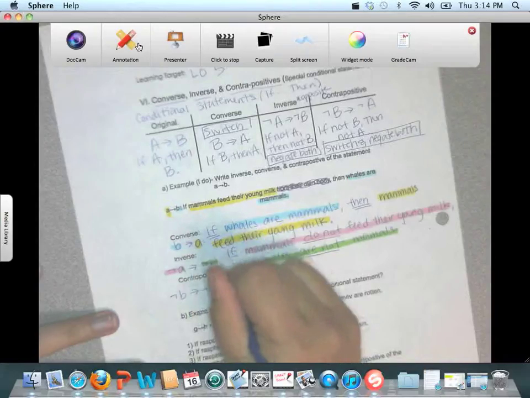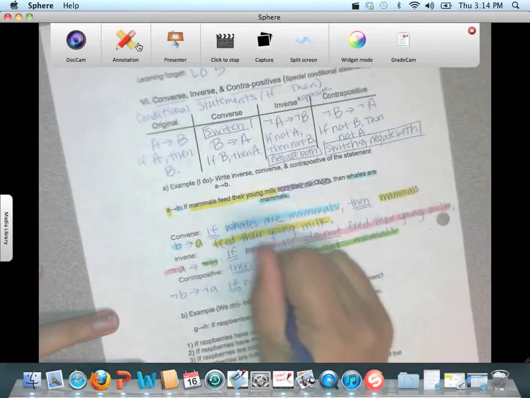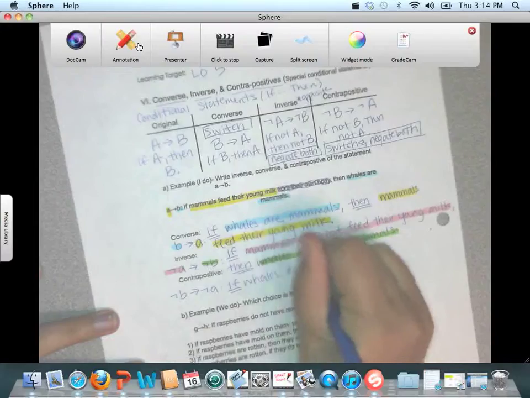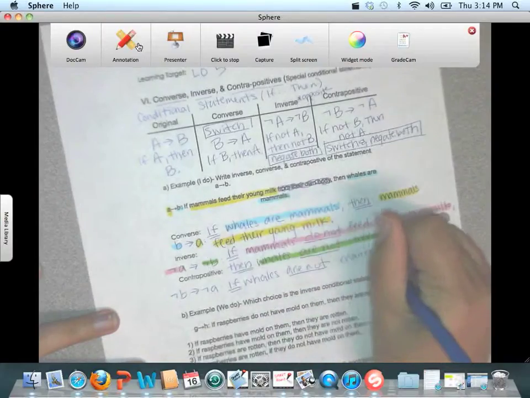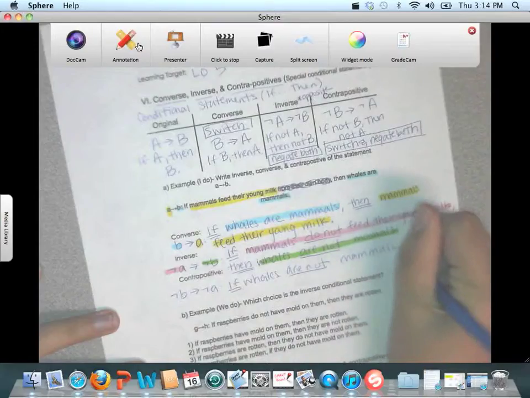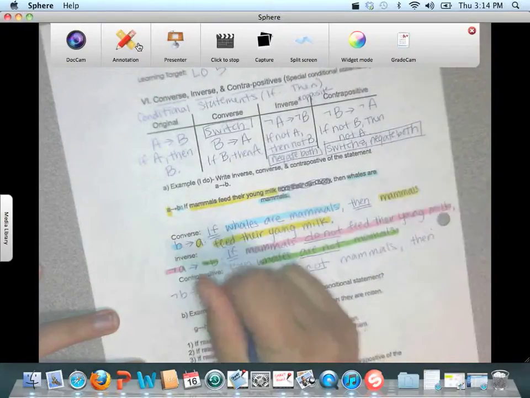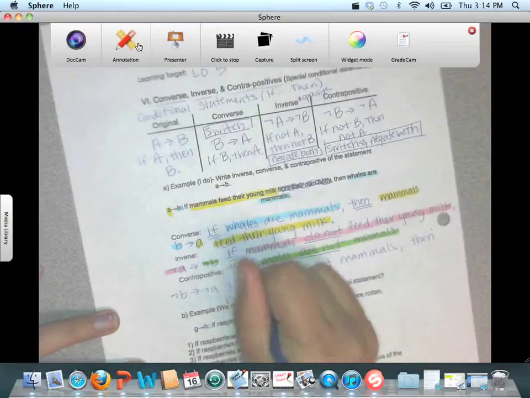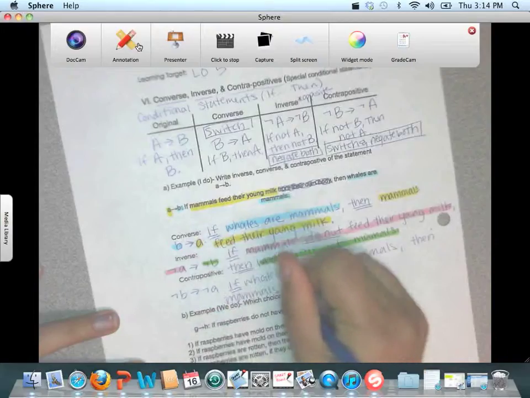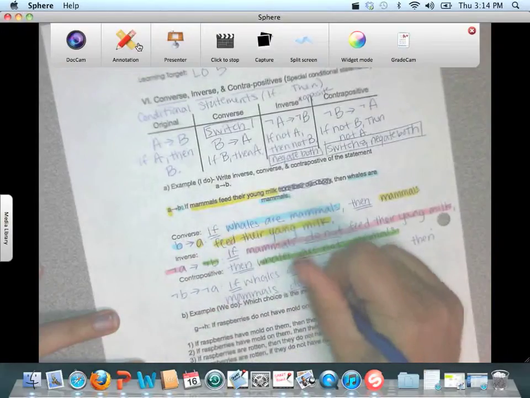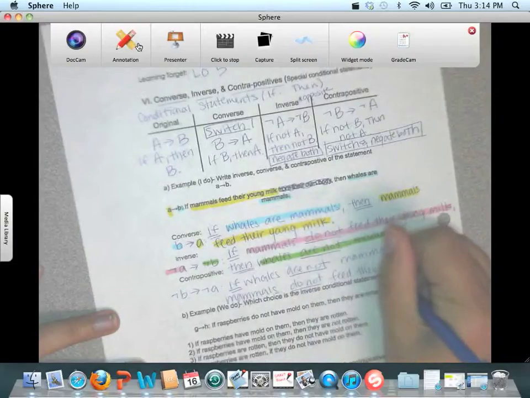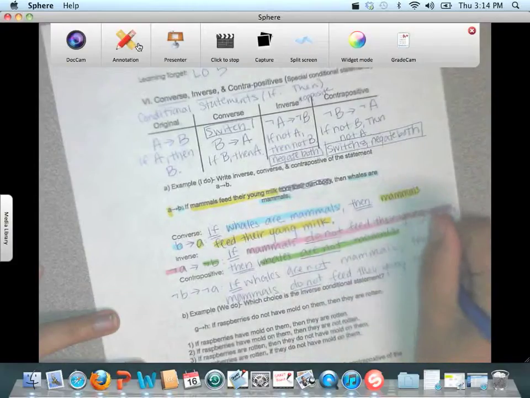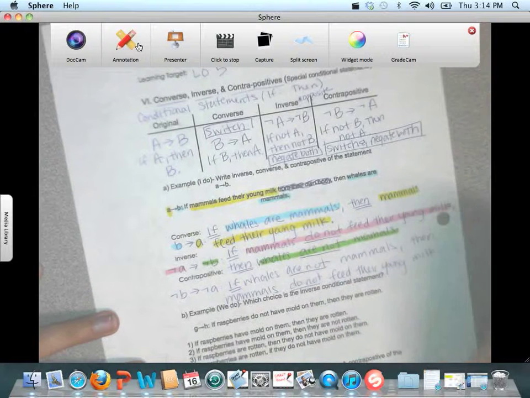So it becomes if whales are not mammals, then mammals do not feed their young milk.